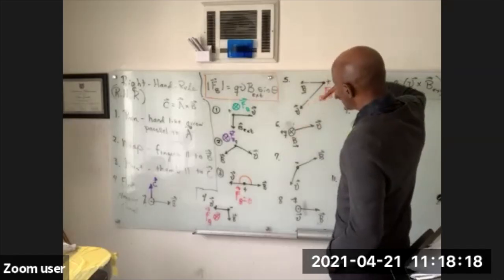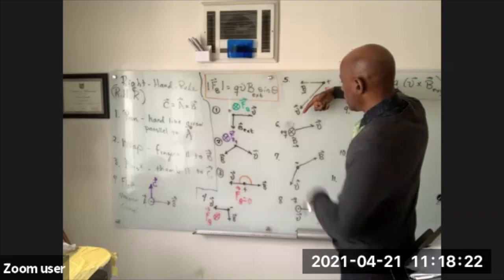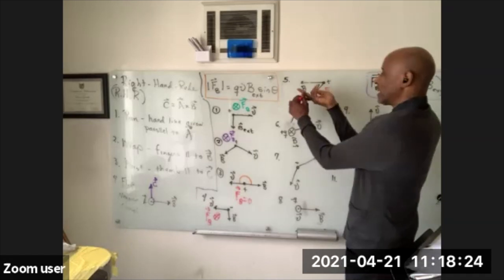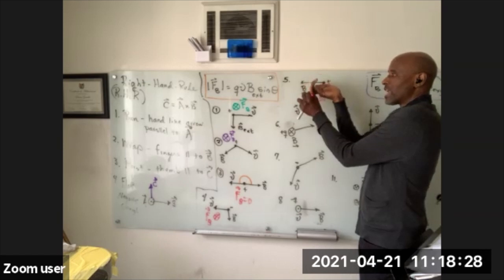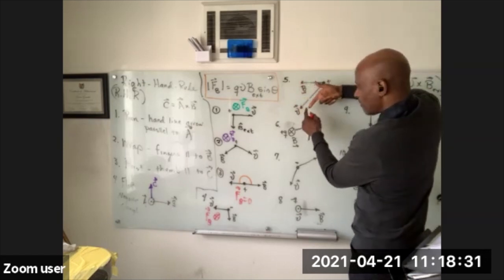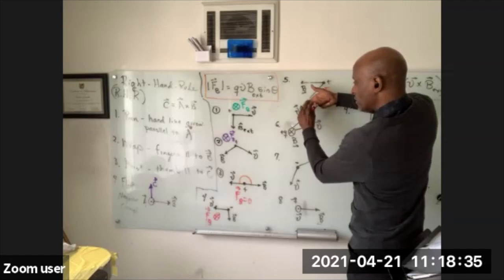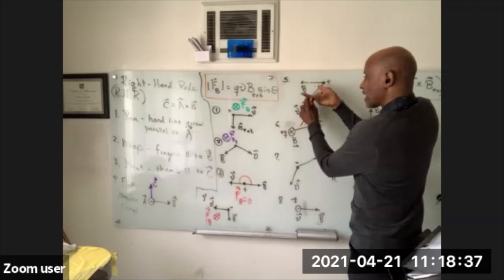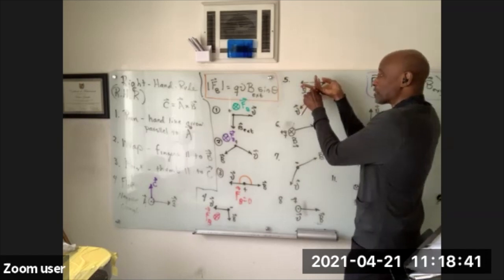If you do the one with the finger, it's out too. Really? So index finger in the direction of V, middle finger now has to point in the direction of B. Index finger parallel to V, middle finger oriented so that it's parallel to B, and my index finger still has to be parallel to V, so I have to do something like that.